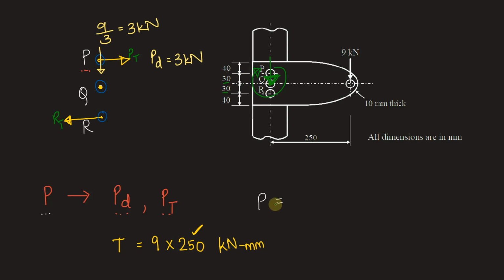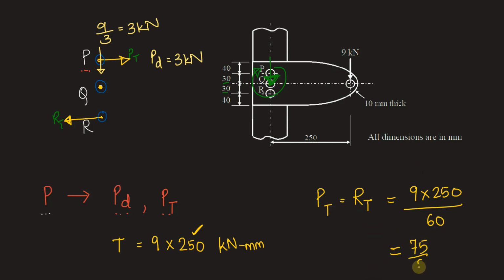So to find these forces, PT equal to RT, we can use the torque 9 into 250 divided by the distance between RT and PT, which is 60 millimeters. So we'll divide this by 60 millimeters. So PT is equal to 75 by 2, which is 37.5 kilonewton. Now we have got PT and PD.